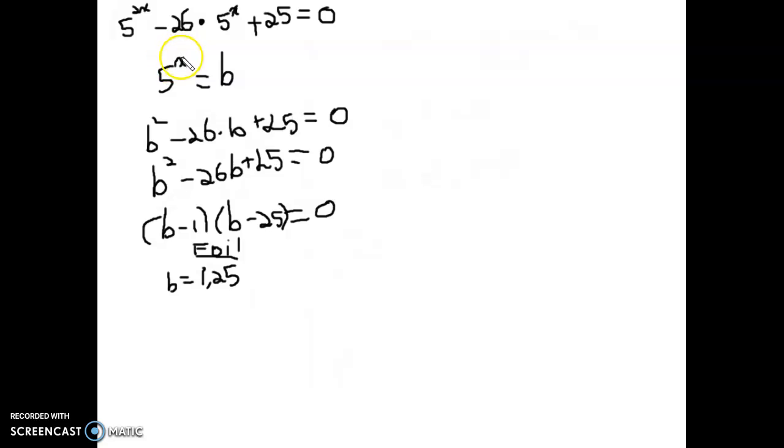So we said that 5 to the power of x is equal to b. So what we can say is that 5 to the power of x is equal to 1 and that 5 to the power of x is also equal to 25.